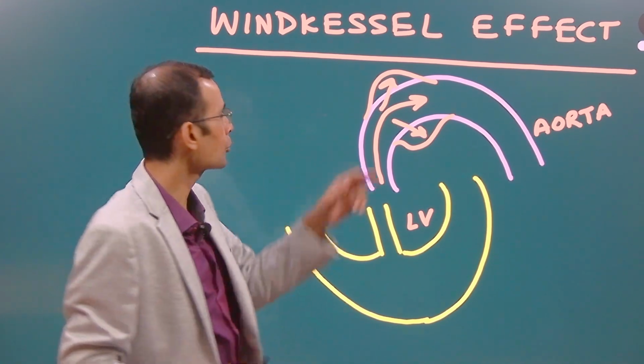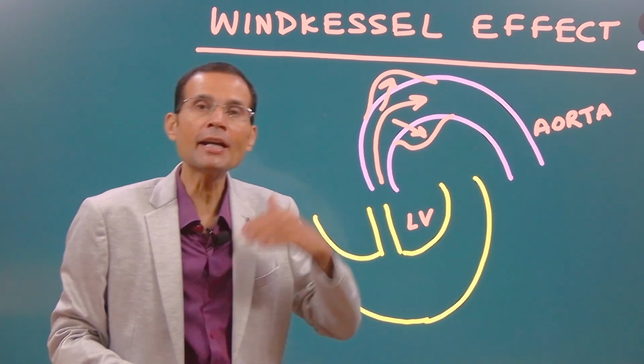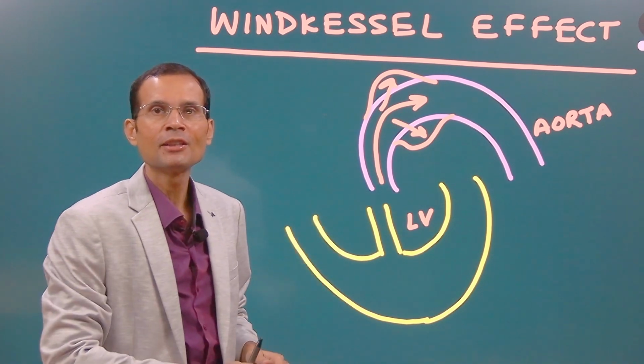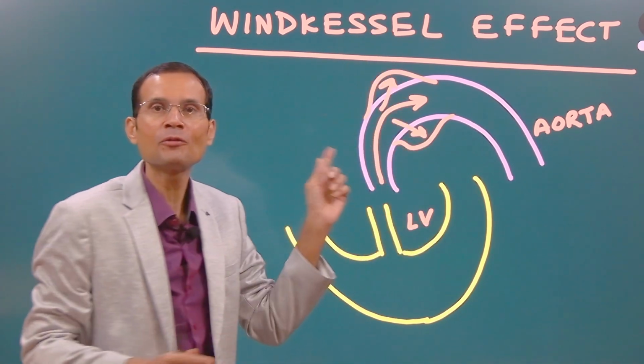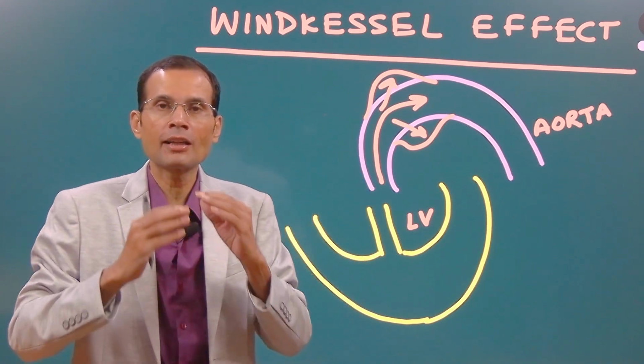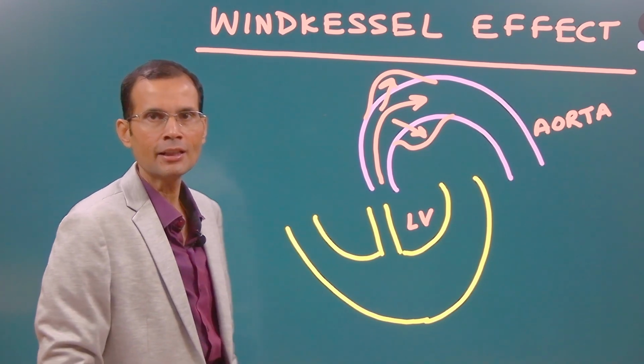Pressure will become a systolic pressure in the aorta and arteries, but it will not be a great rise of pressure because of the distensibility, because of the compliance of these vessels. They accommodate that blood without allowing the pressure to rise much. That's the first part of the Windkessel effect.